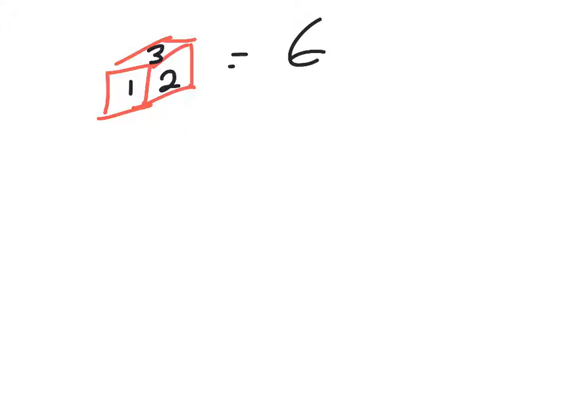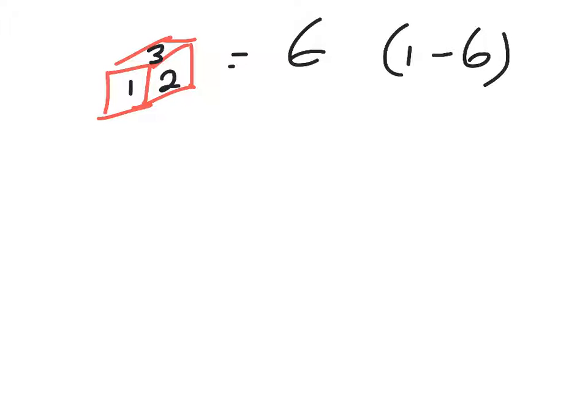Let's have a look. Again we had our 6-sided dice, so here's my groovy little drawing, 1, 2, 3, and so on. So it's actually got 6 sides, 1 to 6. Have a look.